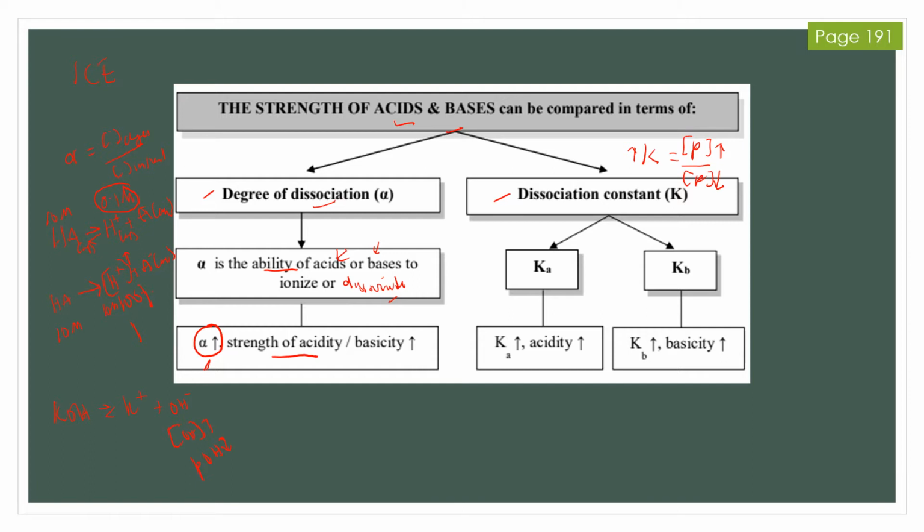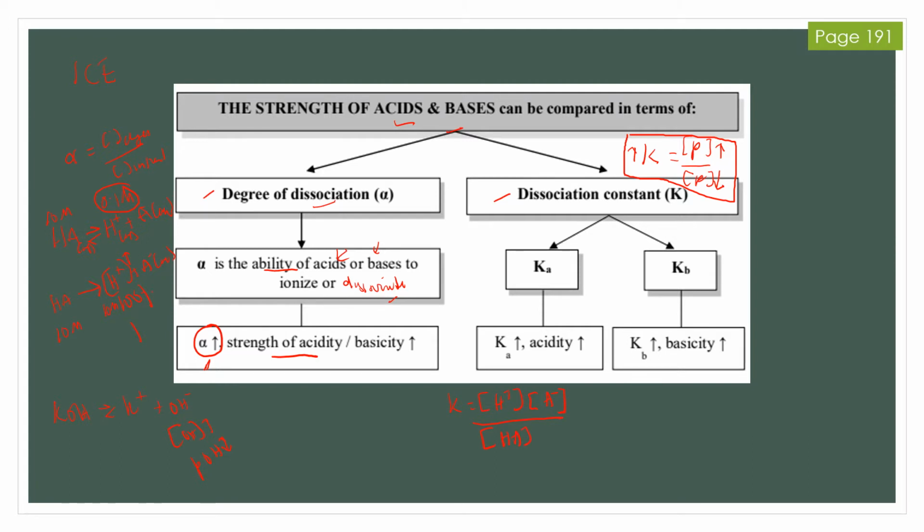Okay, for the dissociation constant, Ka and Kb refer to the expression for K, the concentration of the product divided by the concentration of the reactant. For the acid, using the same equation HA, K equals the concentration of hydrogen plus times A minus divided by the concentration of the acid HA.